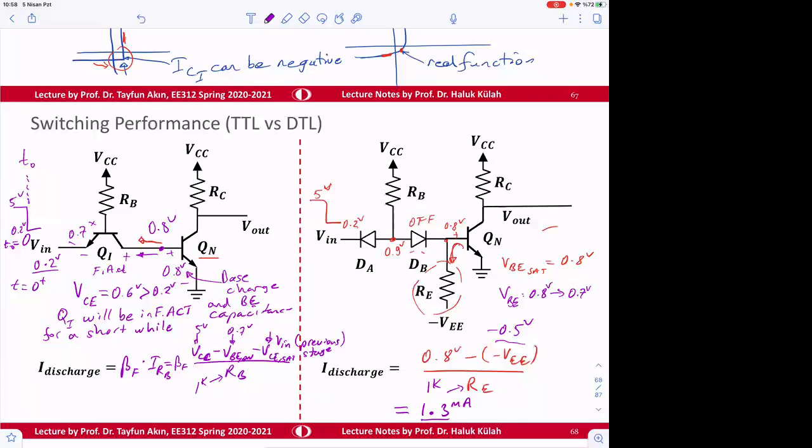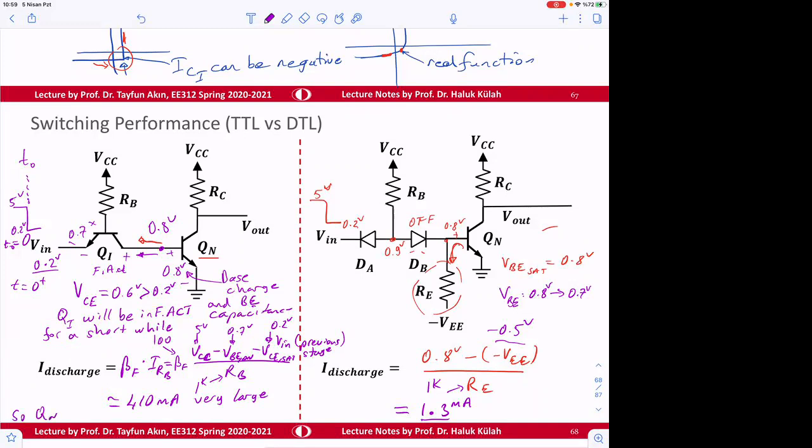So therefore, this voltage is going to be assumed to be 0.2 volt. And then let's say beta forward is about 100. So then this is going to be about 410 milliamp according to my notes here. Okay. So very large.